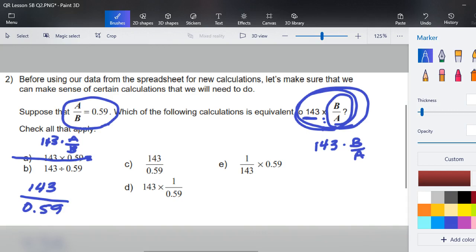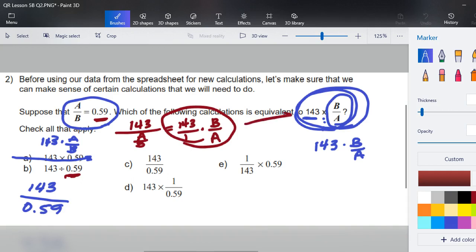If we're given A over B, I'm going to take 143 and divide it by 59 hundredths. Instead of 59 hundredths, I'm going to divide by what it is equal to, A over B. And that means it's 143 times the reciprocal, and voila, we have 143 times B over A. That's what we're looking for. We have a winner. So 143 divided by 59 hundredths is what we're looking for.